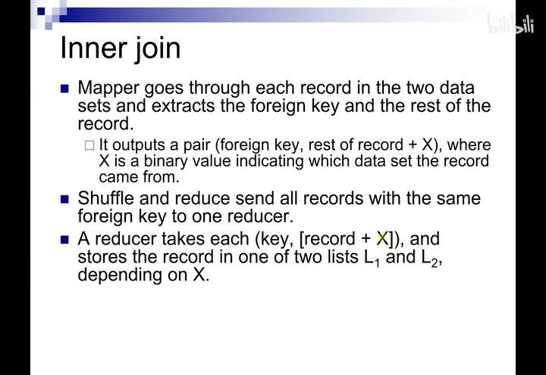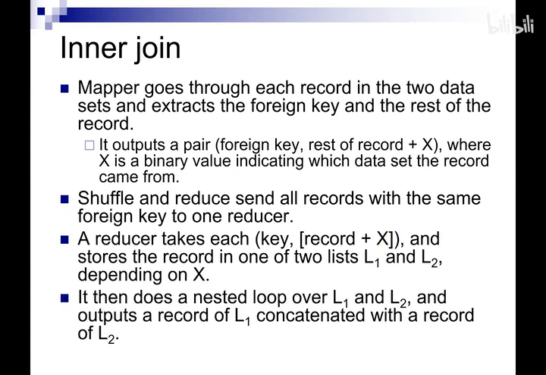Then each time it sees records from two different tables, it's going to do this. It's going to go through all of these key-value pairs. It's going to take all the ones from the first table, where x is, let's say, 0, and put them into a list L1.